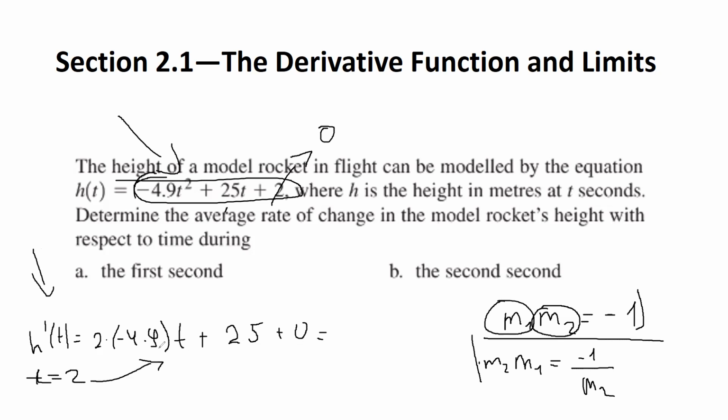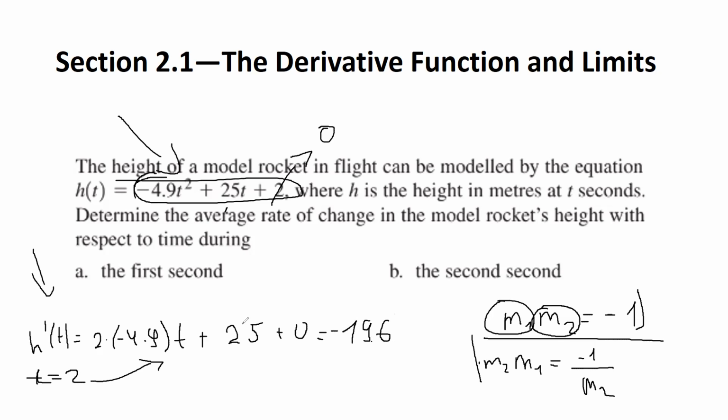Now we're sticking this value in here. It would be 4 times minus 4.9, and 4 times 9 is 36. So it's going to be negative 19.6.